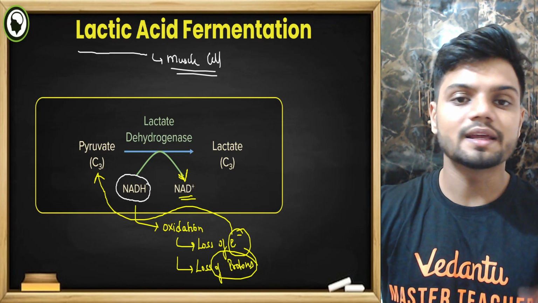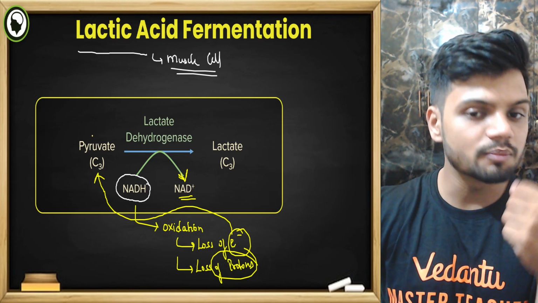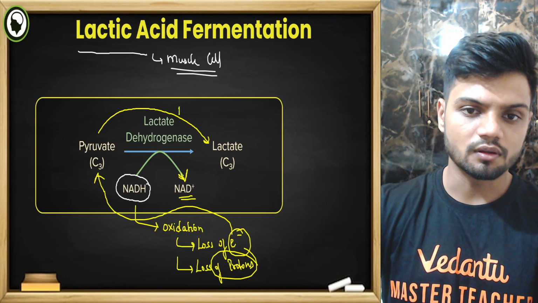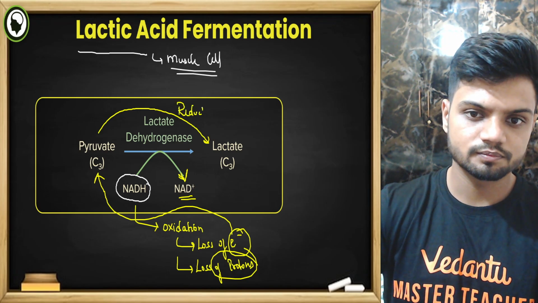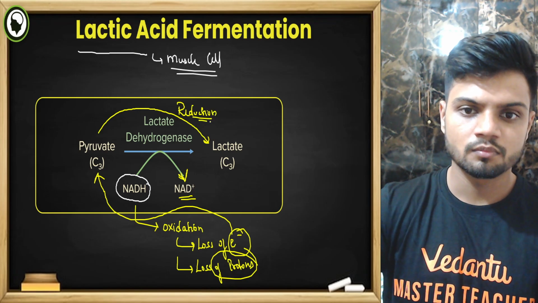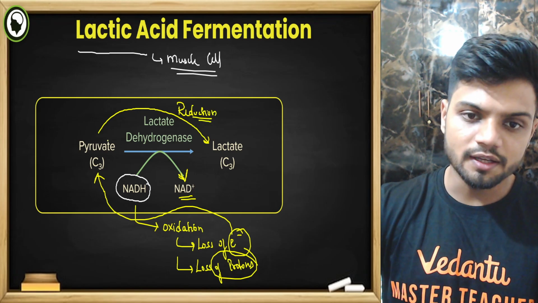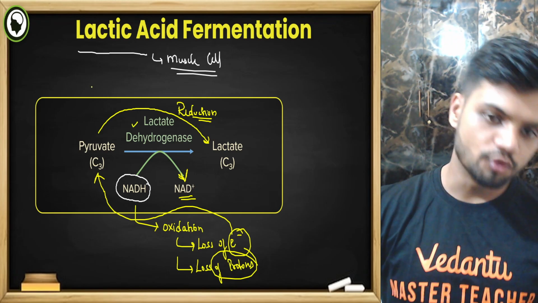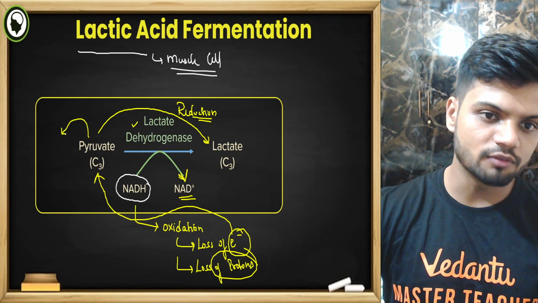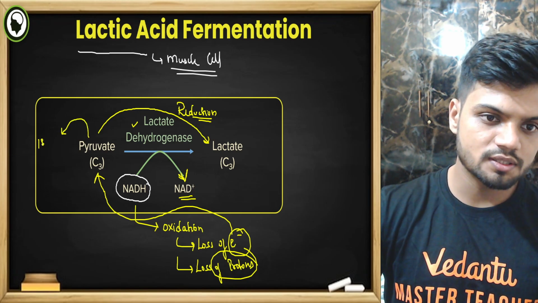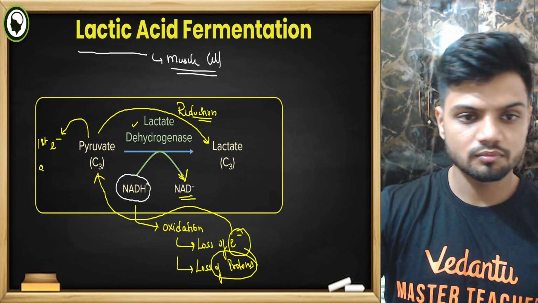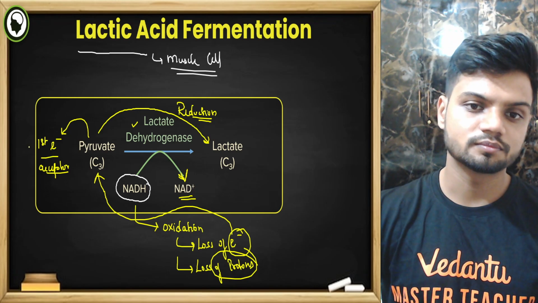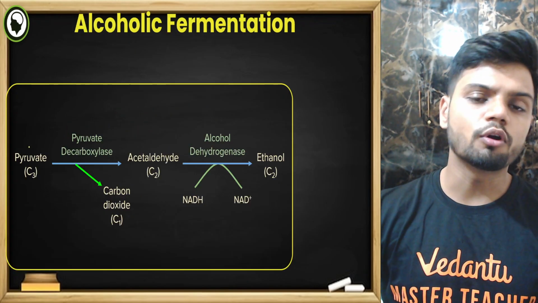Pyruvate is accepting the electrons and the protons, so pyruvate is actually undergoing reduction here, with the enzyme lactate dehydrogenase. The main point to remember is that pyruvate is the final electron acceptor. That's lactic fermentation.